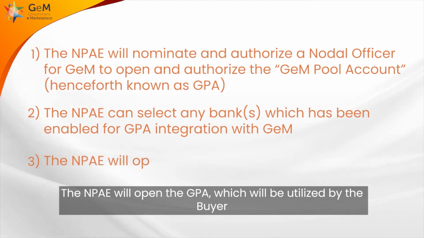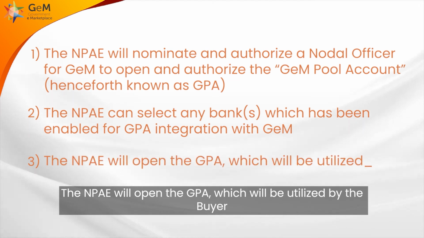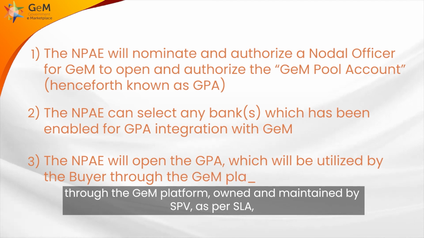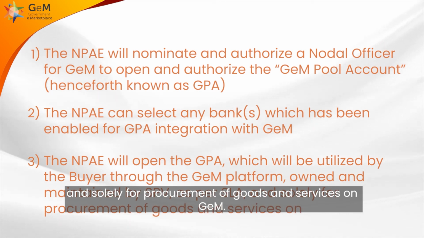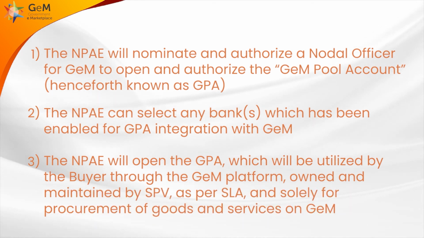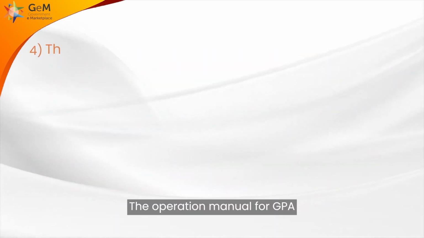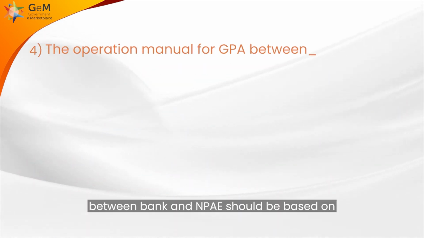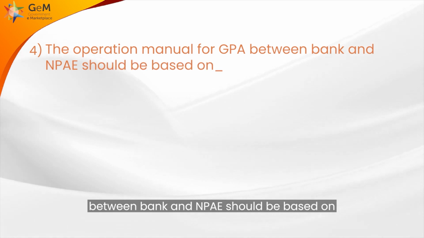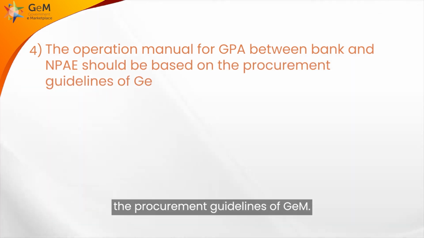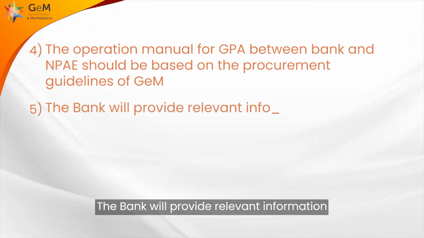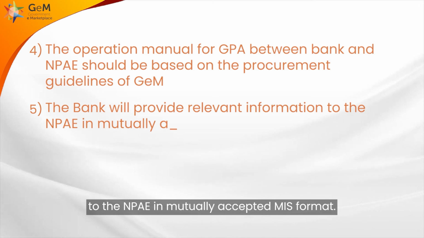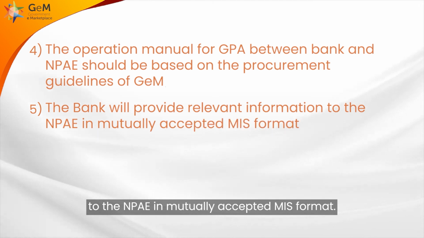The NPAE will open the GPA which will be utilized by the buyer through the GEM platform, owned and maintained by SPV as per SLA and solely for procurement of goods and services on GEM. 4. The operation manual for GPA between bank and NPAE should be based on the procurement guidelines of GEM. 5. The bank will provide relevant information to the NPAE in a mutually accepted MIS format.